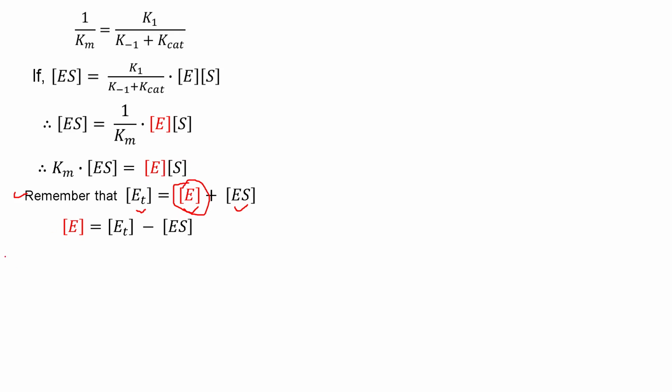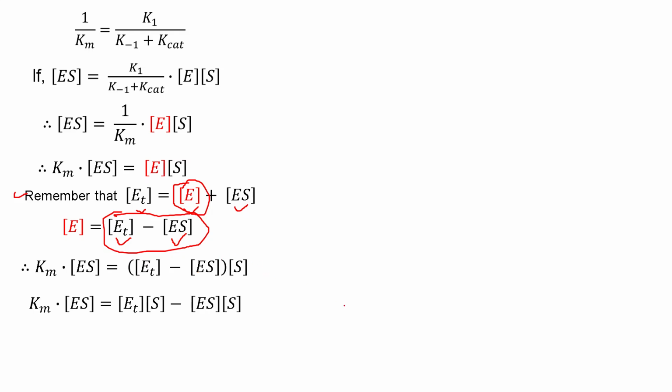It will be that the free enzyme is equal to the total enzyme minus the bound enzyme. So we are going to use this to substitute for our E. So when you do that, we're going to have Km multiplied by ES will give you ET minus ES in brackets, all multiplied by the substrate concentration.